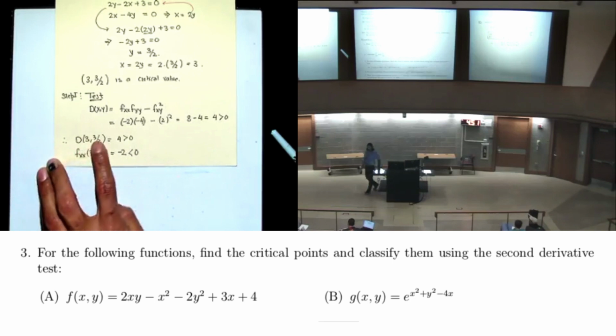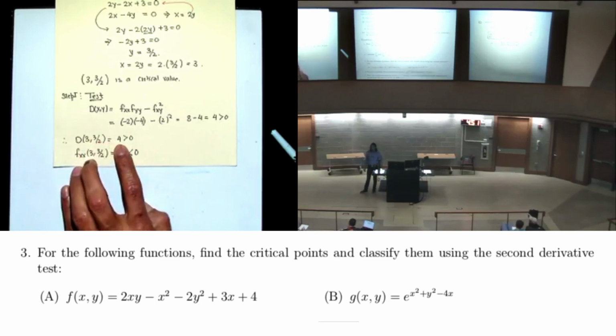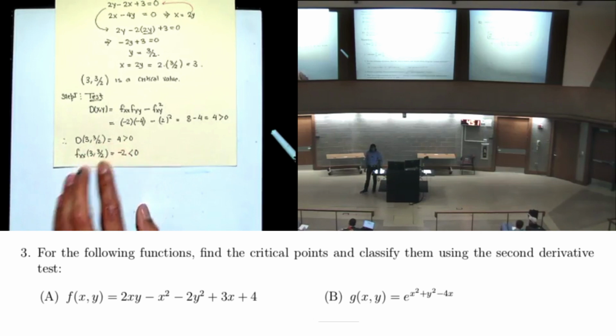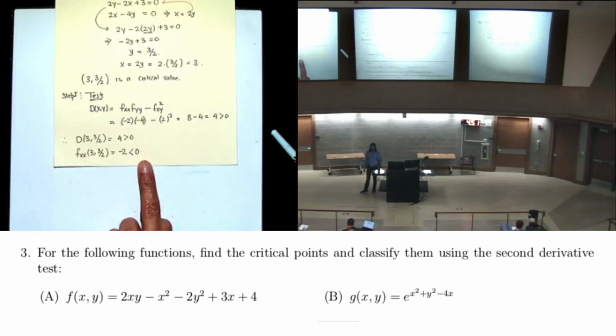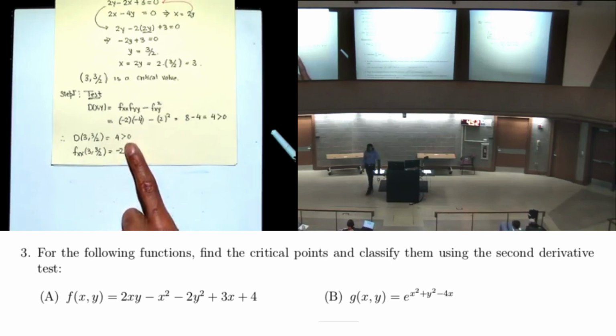If the Hessian, if the D is positive, the determinant is positive, it means there exists a maximum or minimum. And if the second derivative is negative, what will be the conclusion? It's a maximum. A saddle point is if D is negative. If D is negative, then it's a saddle.